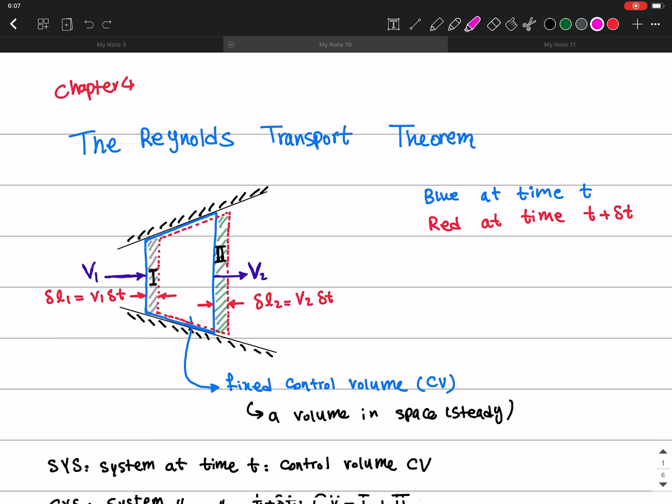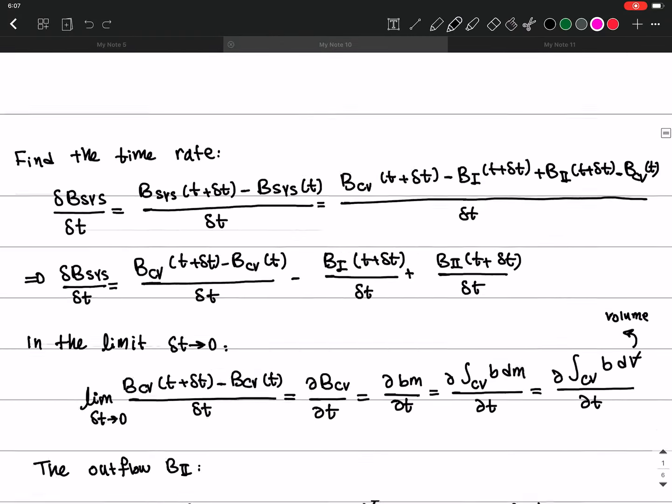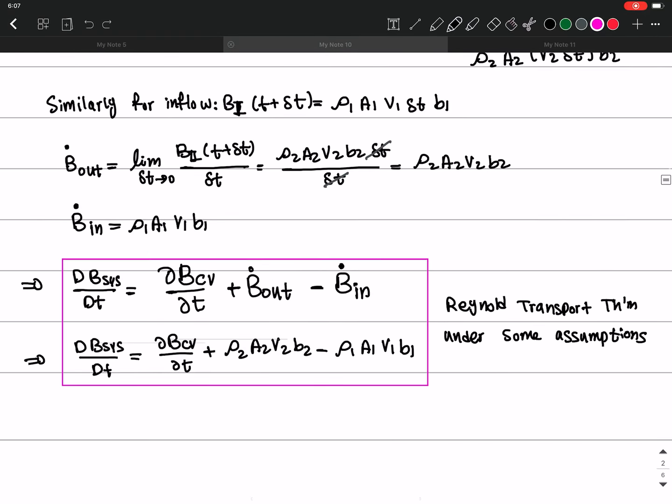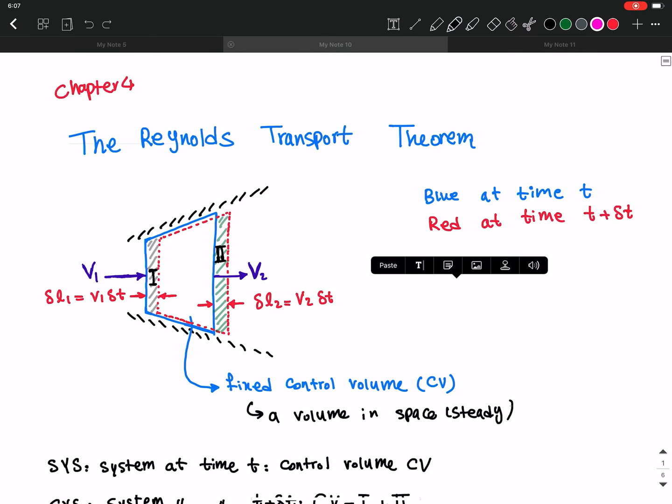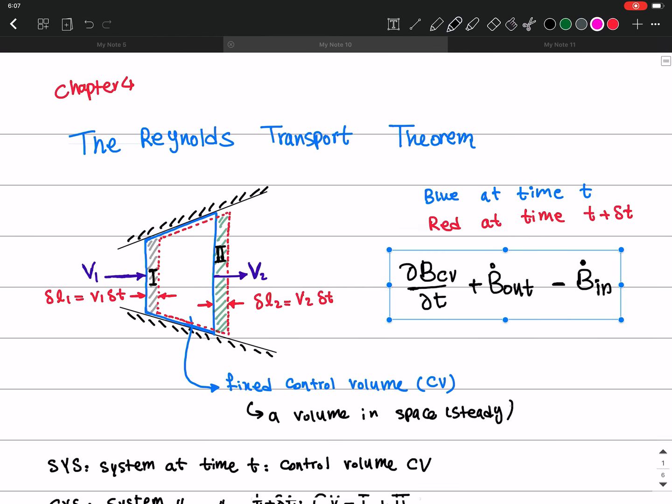Let me show it maybe with this color. The change of that in this system. Let me write it down here again and explain it again. So let me see if I can copy this to here.